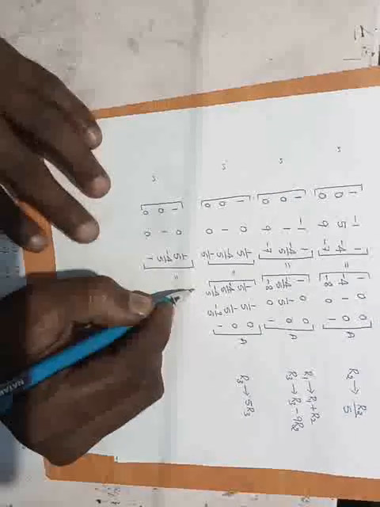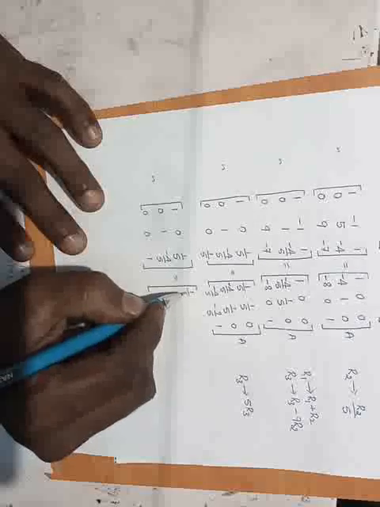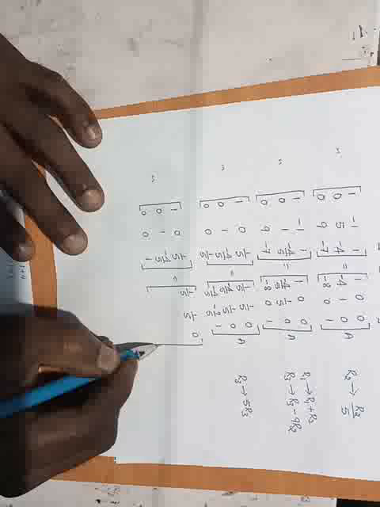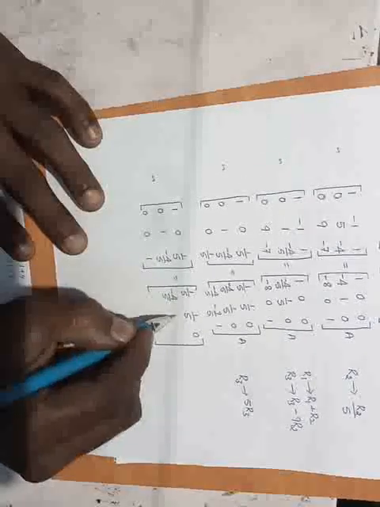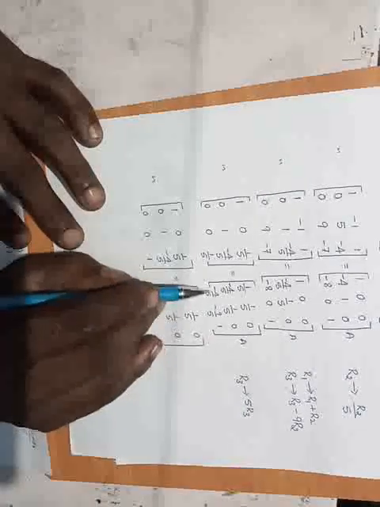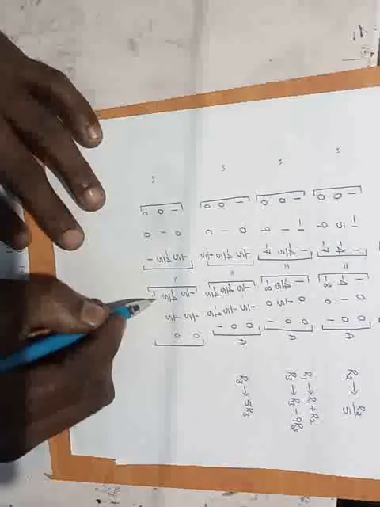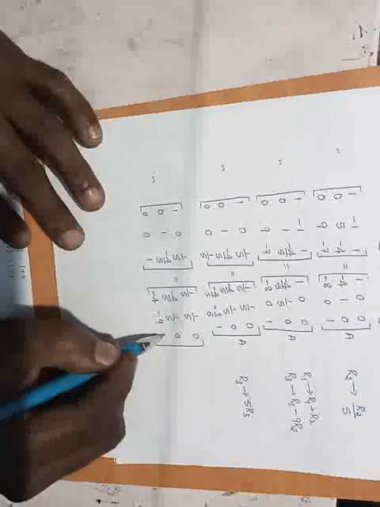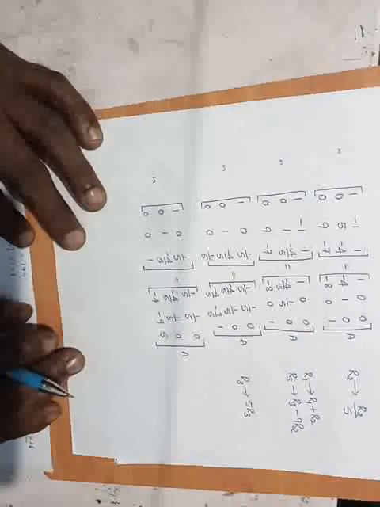Next, this matrix now becomes the first element 1 by 5 as it is, 1 by 5 0, and second row I am not changing, it is minus 4 divided by 5, 1 divided by 5, and it is 0. So now multiplying third row by 5, so that 5 gets cancelled, I get here minus 4, I get here minus 9, 1 into 5 is 5, and carry this A as it is.